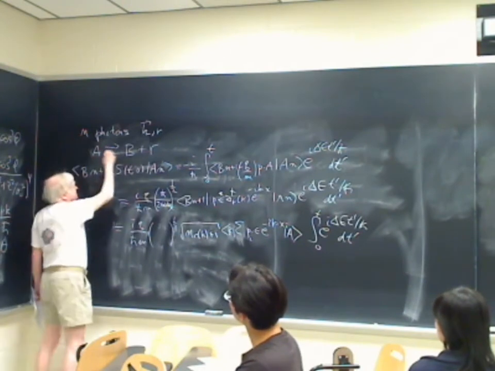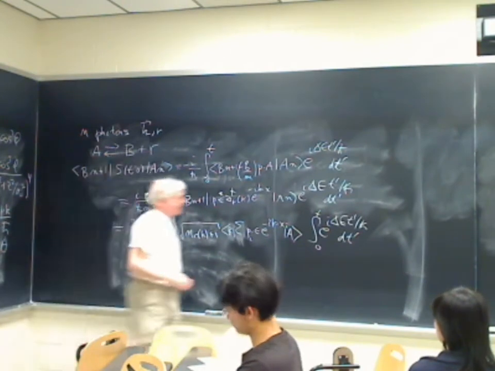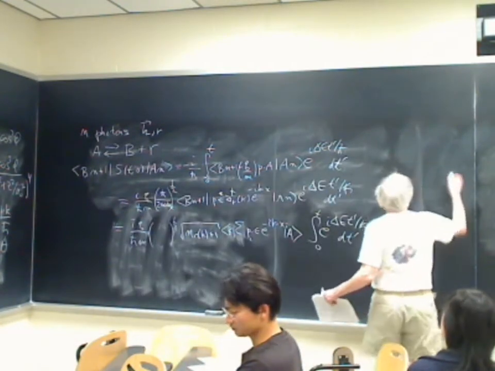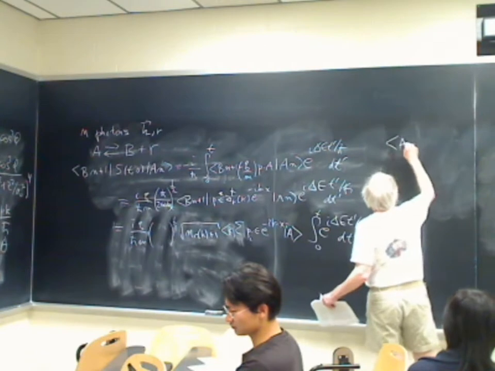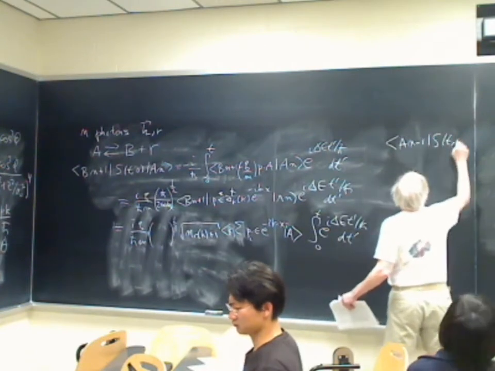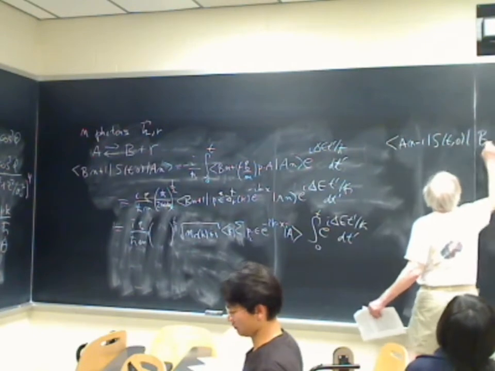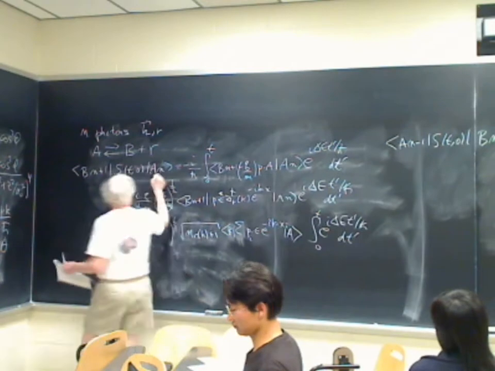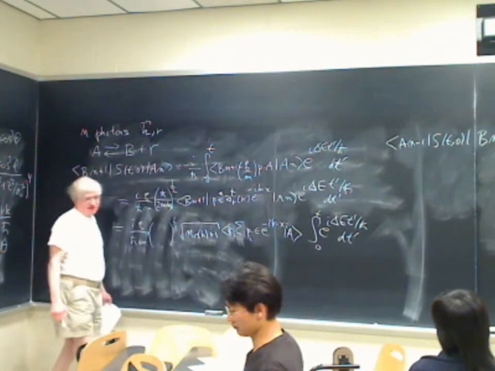So in a certain sense, this is a little bit misleading. So what we're going to be computing over here is A, n minus 1, S T0, B, n. So in both initial states we have n photons.